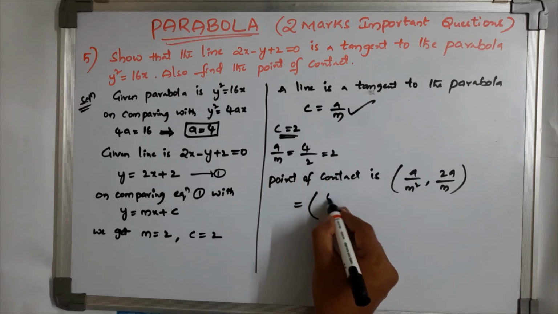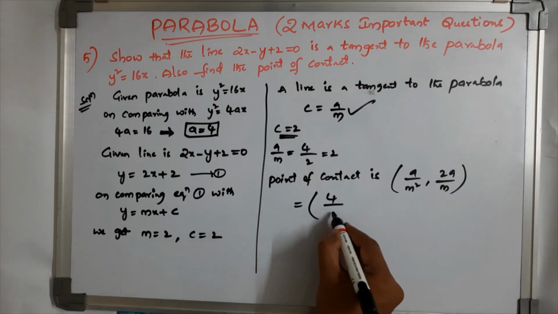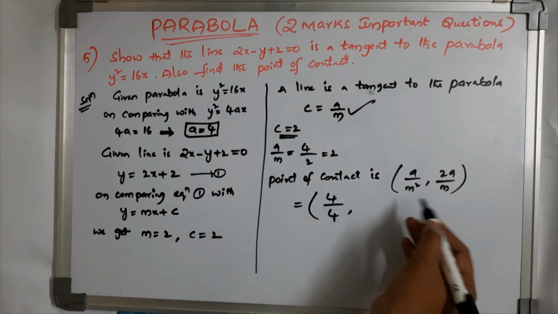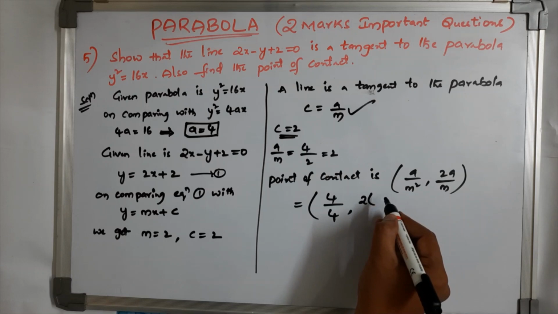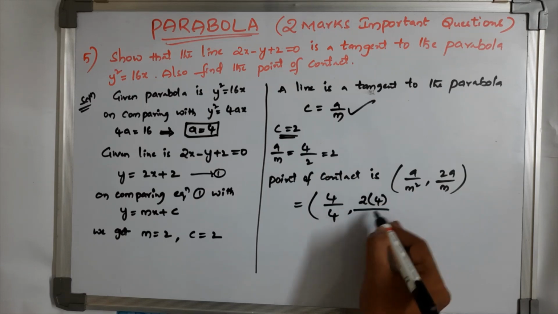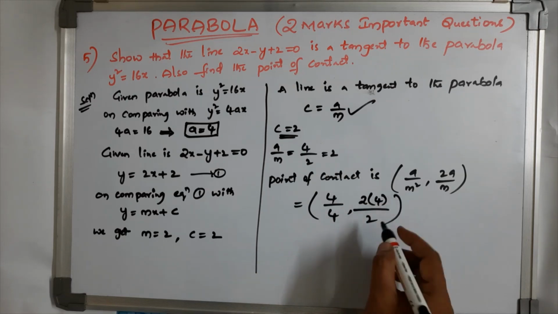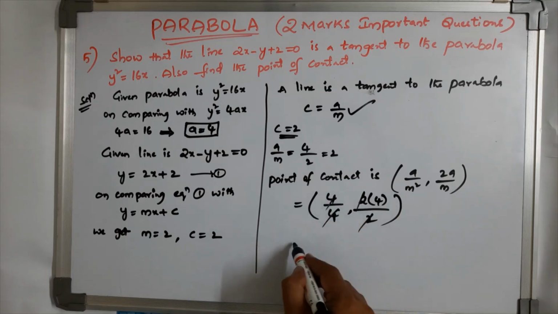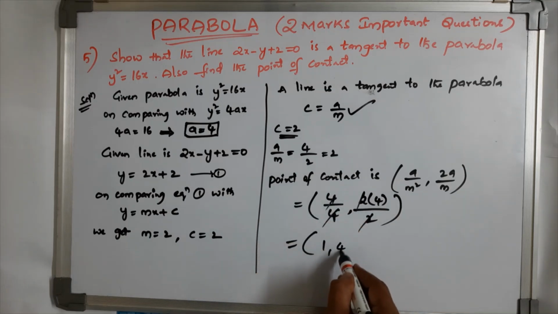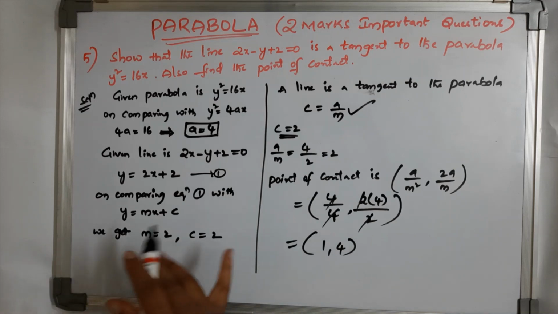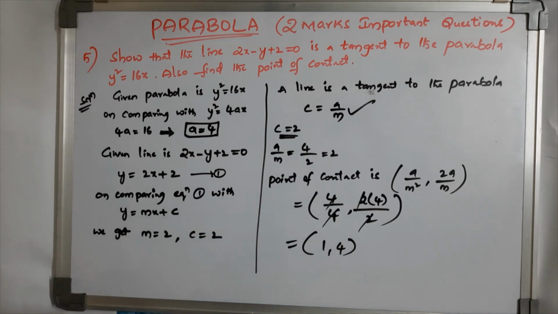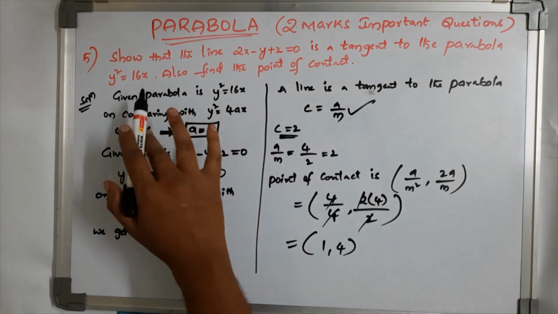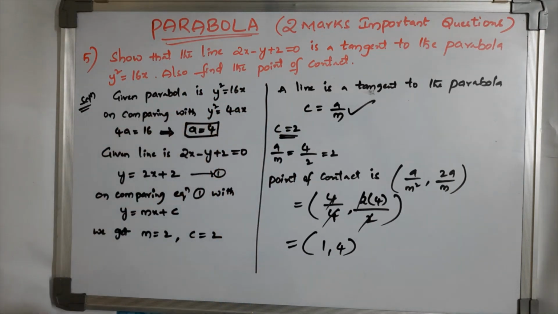The value of a is 4 by m square, 2 square, that is 4; 2 into the value of a is 4 and m value is 2. You can cancel this, and 1 comma 4 is the point of contact of the tangent where it meets the parabola.